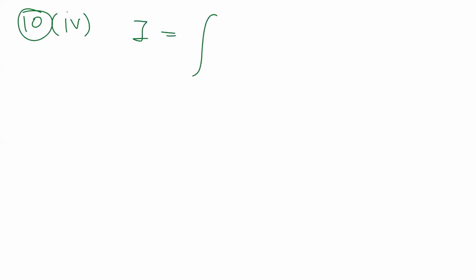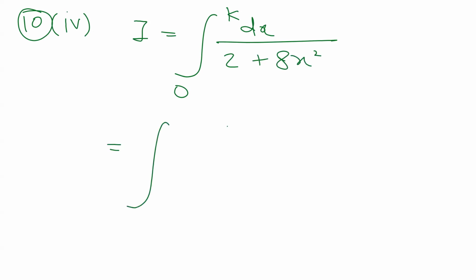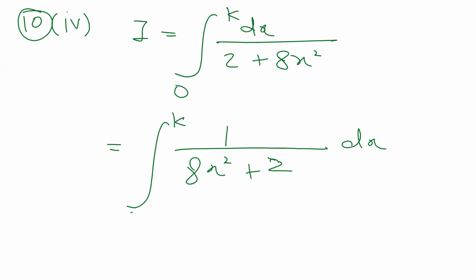Integration 0 to k dx upon 8x square plus 2. This value is equal to pi by 16. So let's not write I equal to, let's just write it as equal to pi by 16.